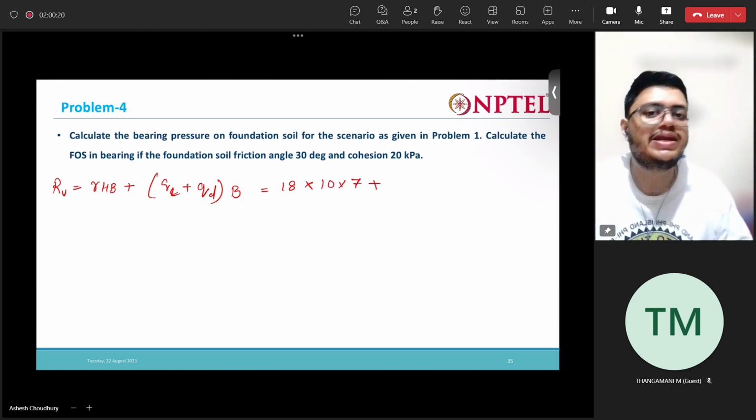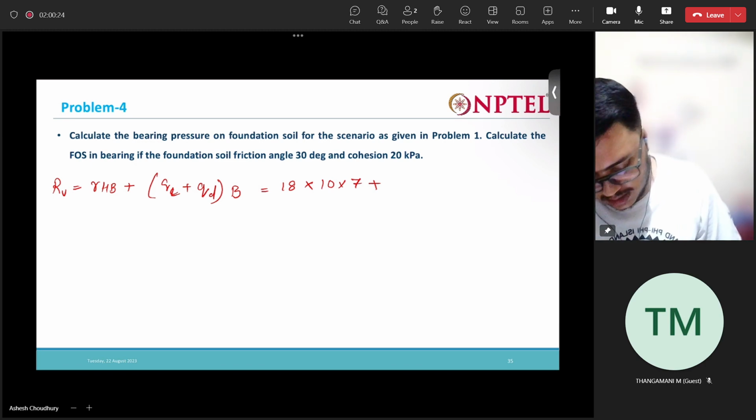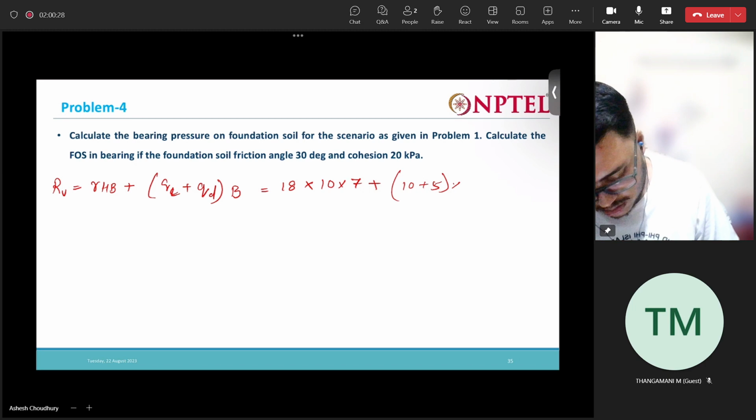B is the width of the reinforced soil block, right? 7 plus 10 plus 5 into 7. So we have 1365 kilonewton.